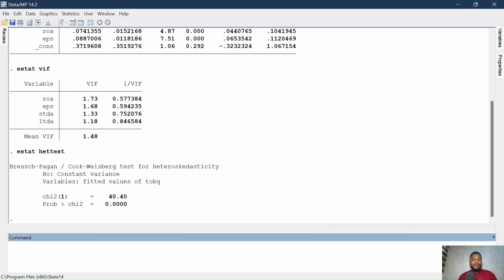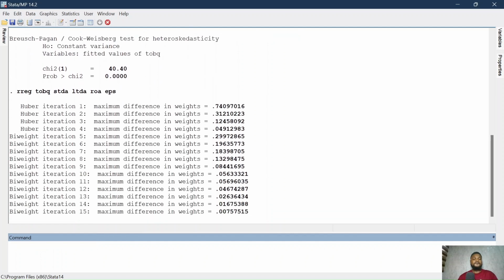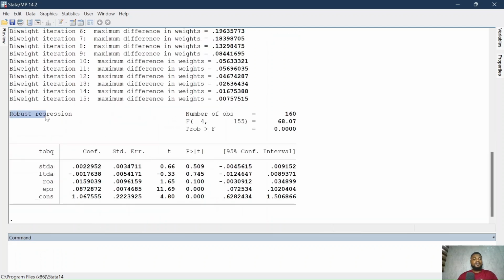So I come to the command window and I type RREG. That is the command for robust regression. And then I drop my dependent variable followed by my independent variables, and I hit enter. This is the result for my robust regression.